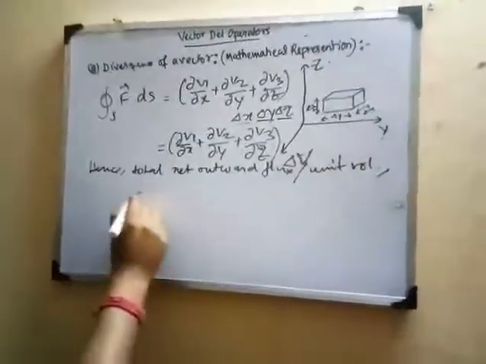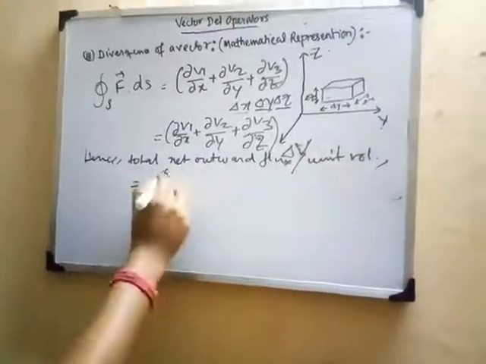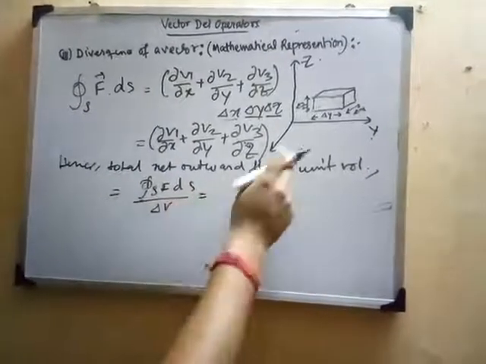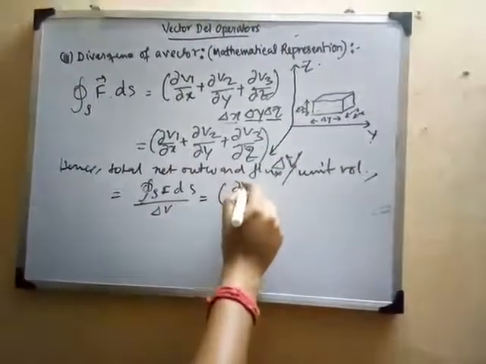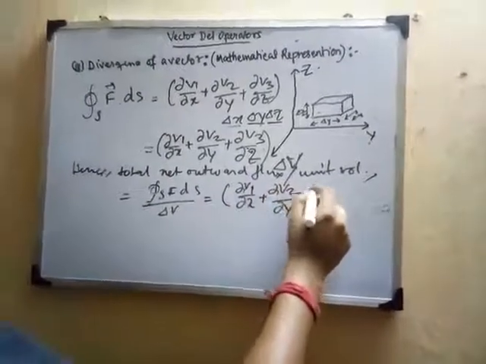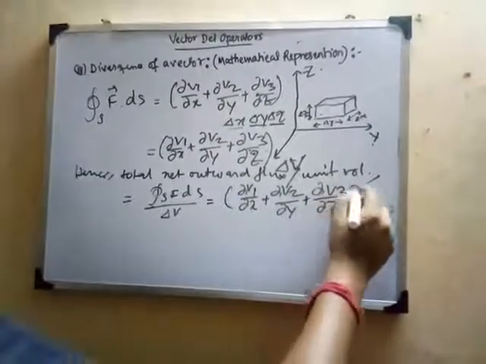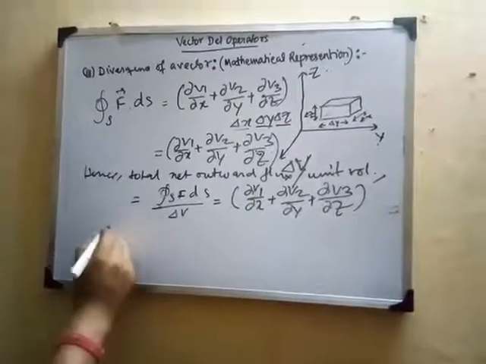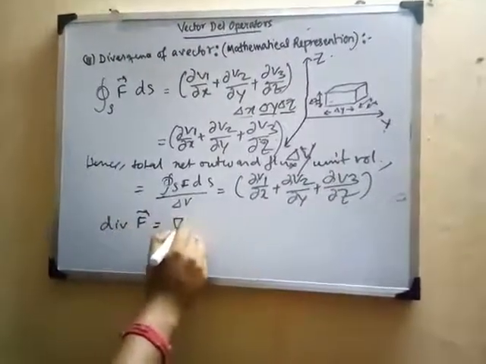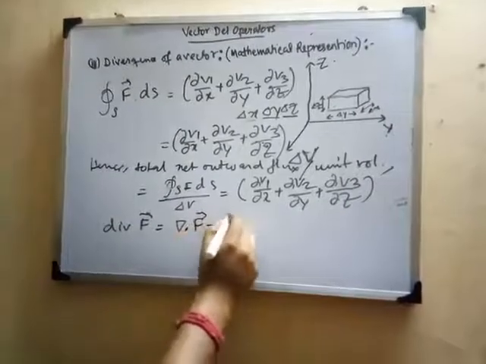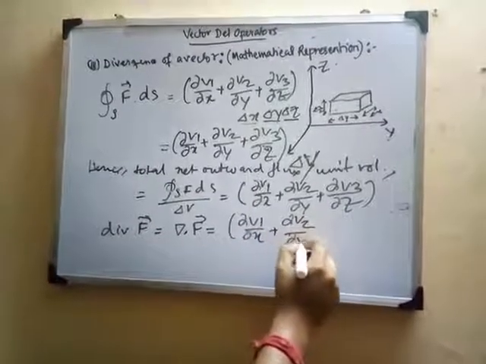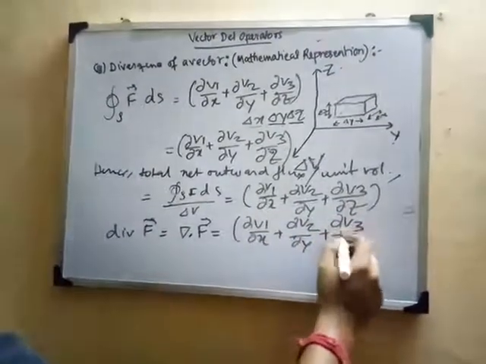We can write this as ∂F·dS by ∂v, which is equal to, since ∂v cancels out, ∂v1/∂x plus ∂v2/∂y plus ∂v3/∂z. So by definition, the divergence of any vector F is represented by del dot F, which equals ∂v1/∂x plus ∂v2/∂y plus ∂v3/∂z.